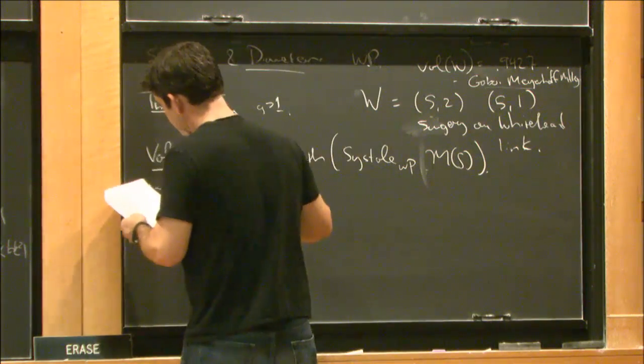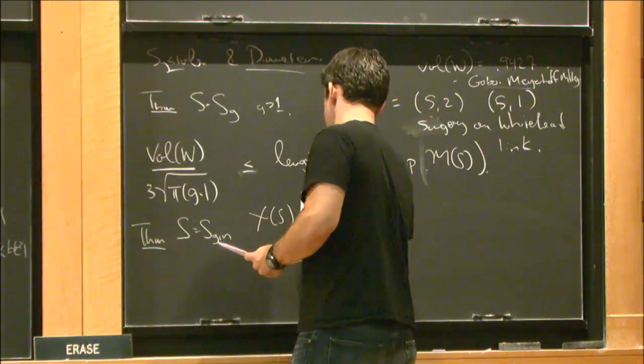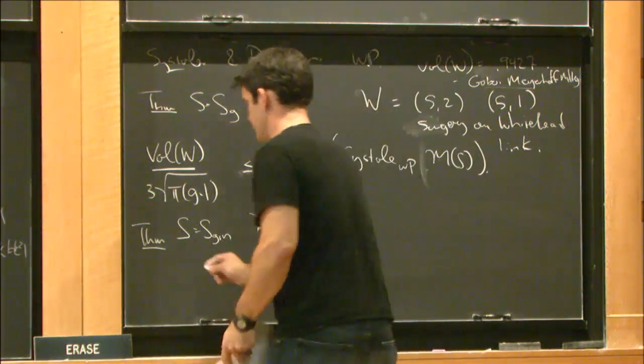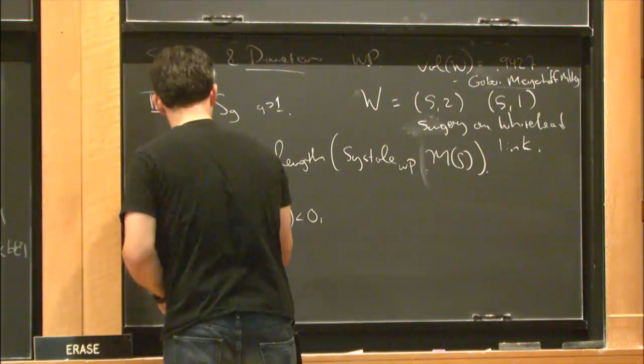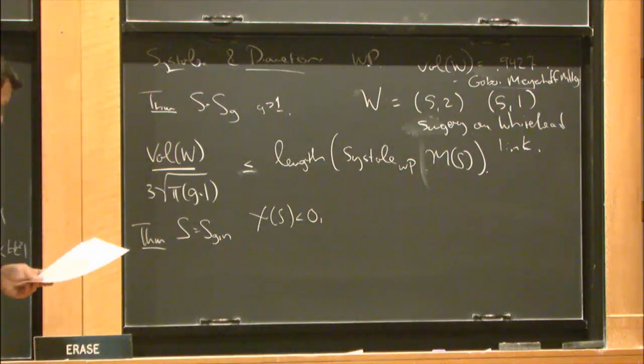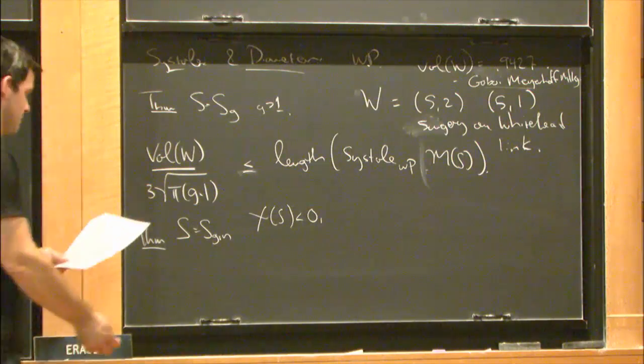Okay, so in the case where the Euler characteristic of S is negative, but it has boundary, then we know that the 3-manifold that fibers over the circle with smallest volume is the figure 8 knot complement, which is twice the volume of the regular ideal tetrahedron.